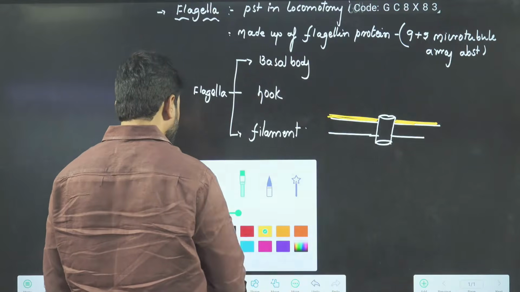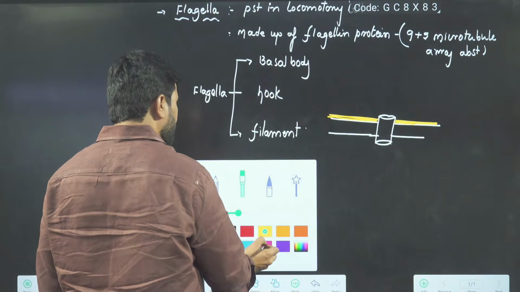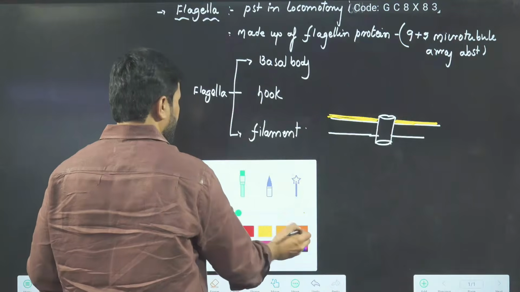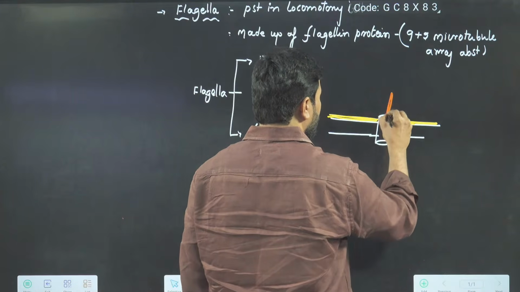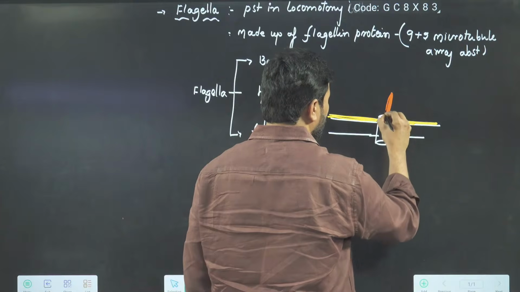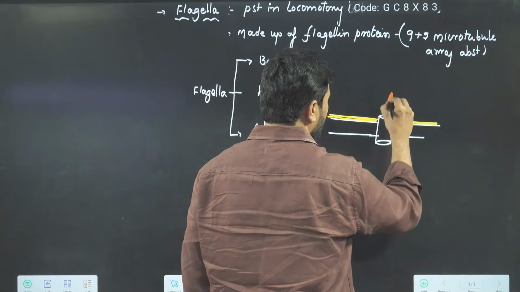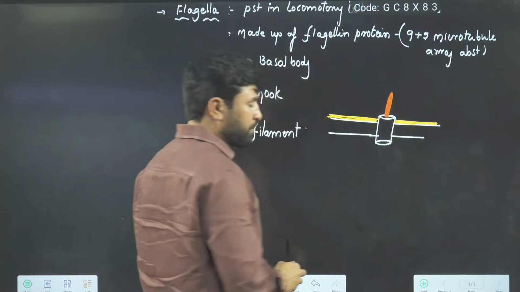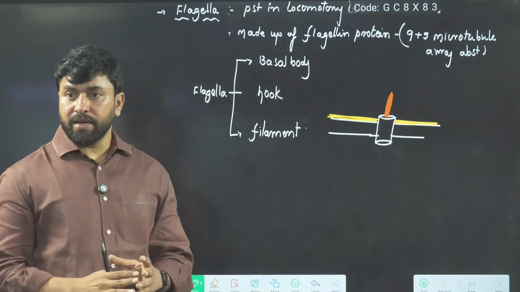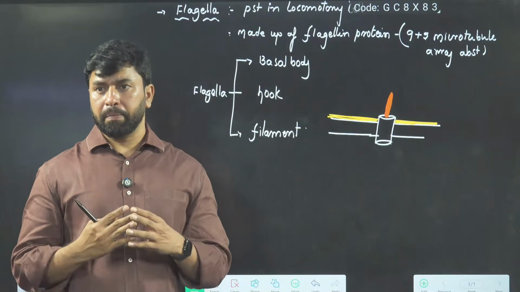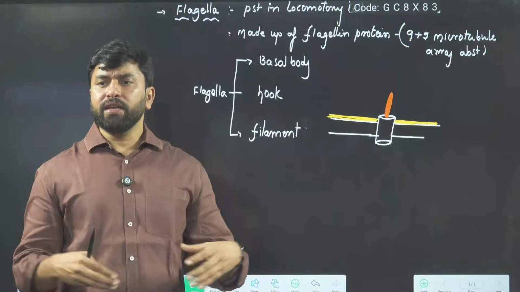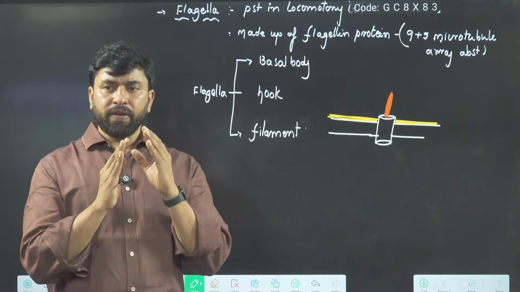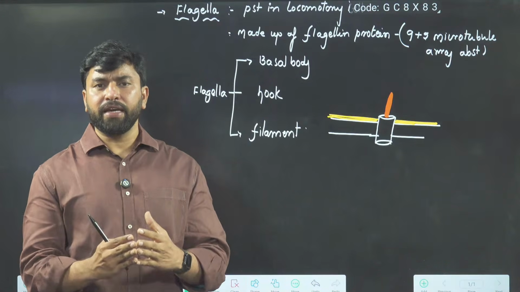But overall, the basal body comes out of the cell wall. That's why the flagella always appears to come from the cell wall, but actually flagella come from the plasma membrane.